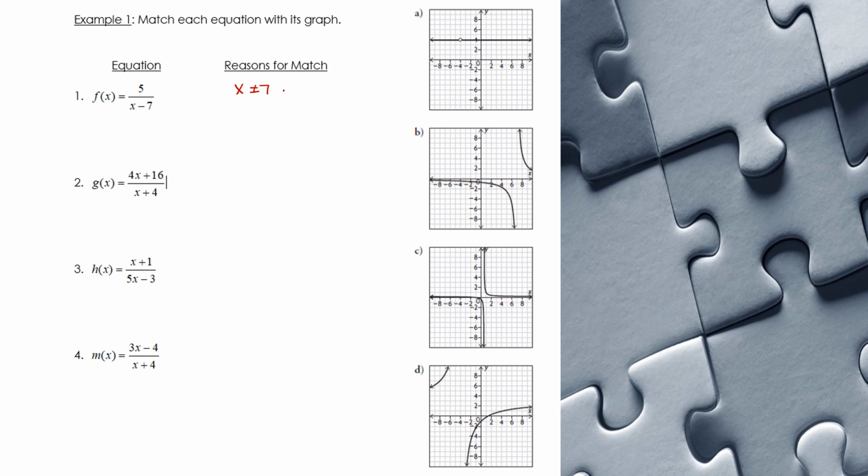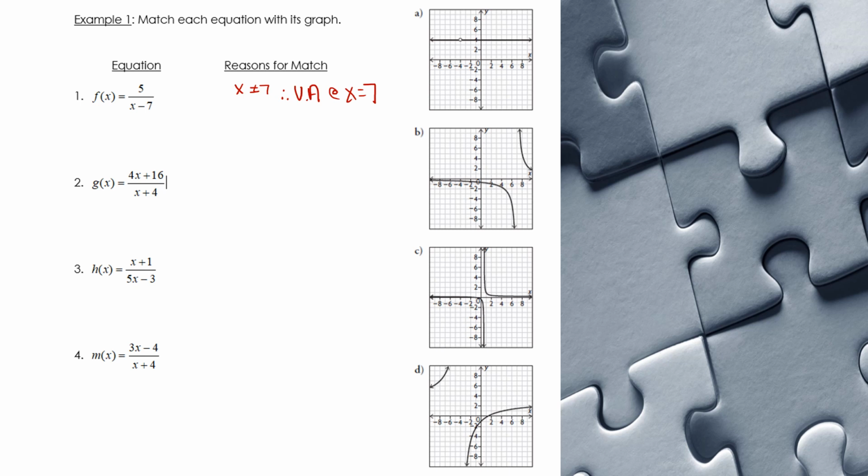So that must mean we have a vertical asymptote at x equals 7. That's enough, I think, really. There's only one on here that could be, and that would be B.